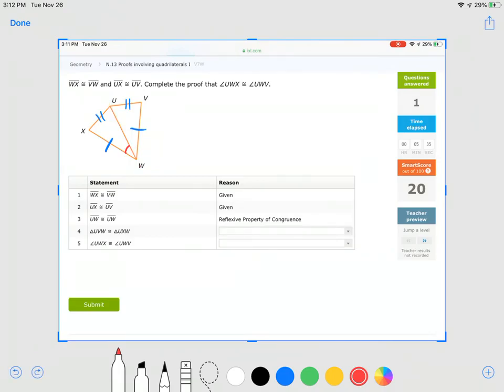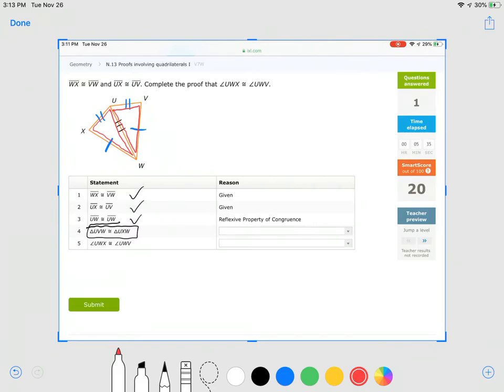Okay, so let's look at the proof. Line 1 was given, line 2 was given. Line 3 is the reflexive property of congruence. That makes sense. UW is congruent to UW. That's just saying that this is congruent to itself. Okay, the next line, line 4, is claiming that the two triangles are congruent. So this triangle on the left is congruent to this triangle on the right.